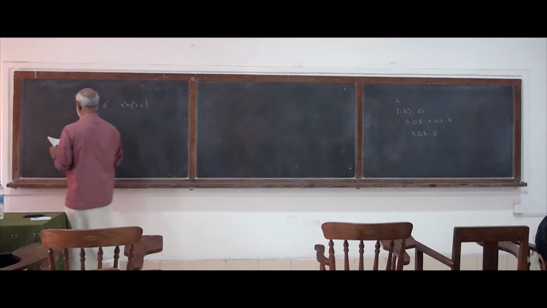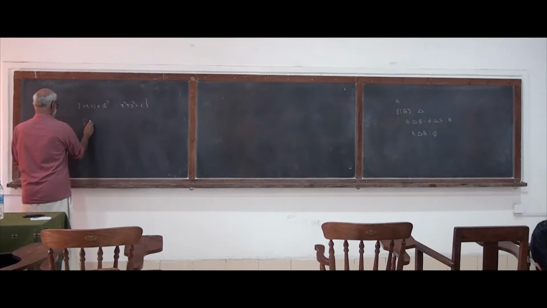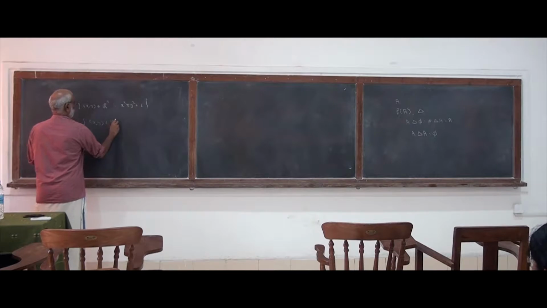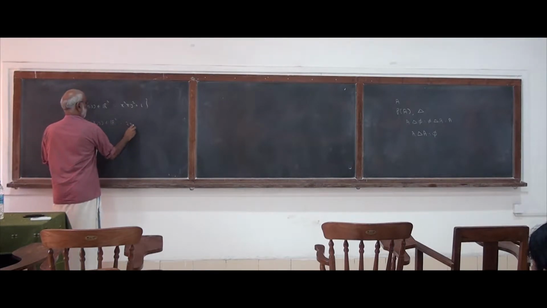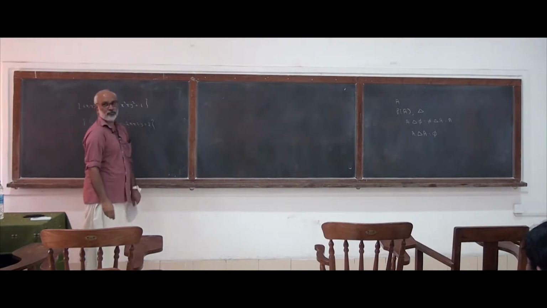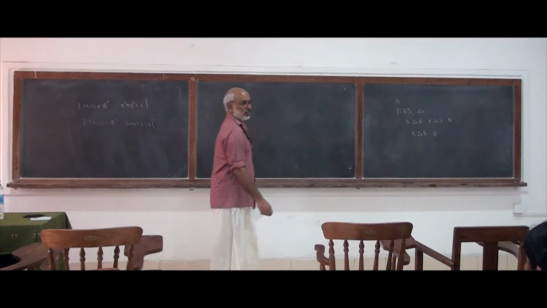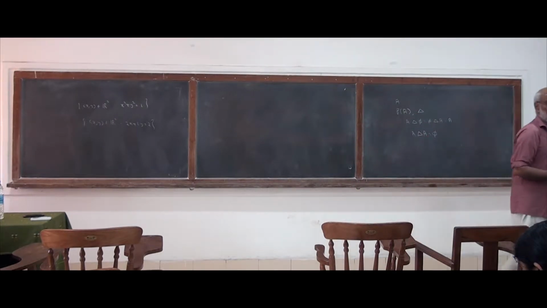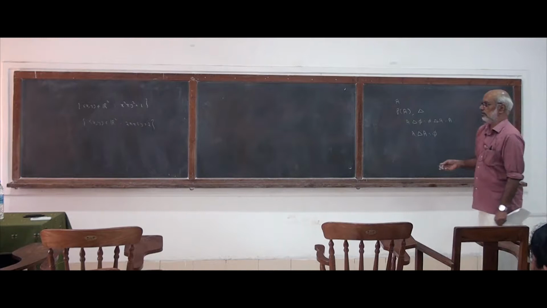Suppose you take a line like this, the set of all xy in R2 such that 2x plus 3y is equal to 2.